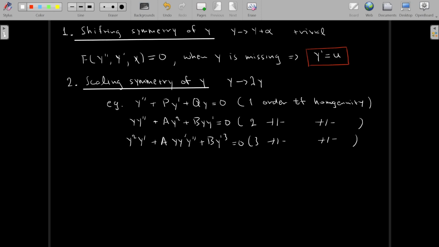So if the order of homogeneity is preserved in each term of the equation, then there is a scaling symmetry, because each time lambda presents itself, it's going to cancel out from its term, right?